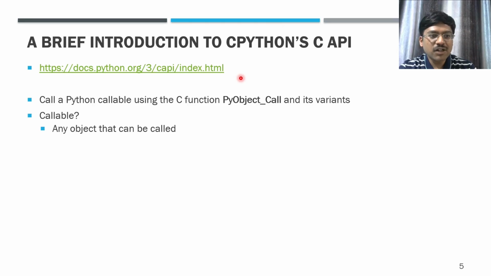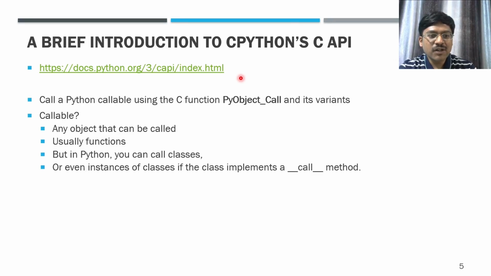Now, what is a callable? Well, any object that can be called. Usually these are functions, but in Python we can also call classes or even instances of classes if the class implements a __call__ method. So PyObject_Call and its variants take in instances of a C struct PyObject.